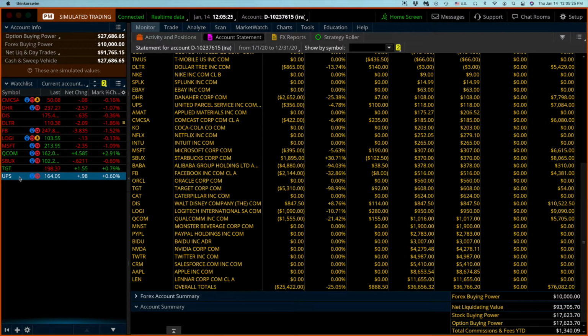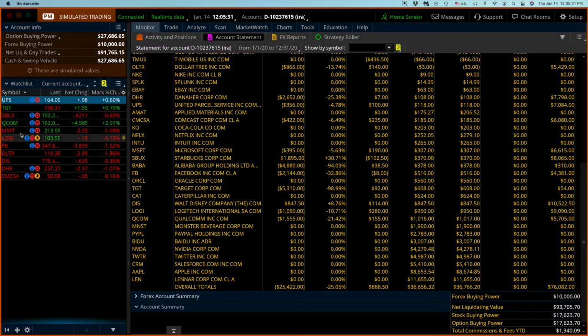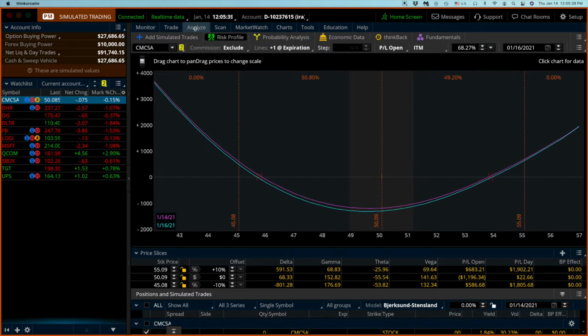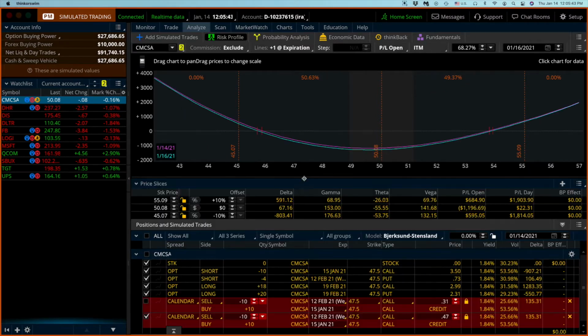Now, let's go through the list here and see what needs to be rolled over. Symbols. And let's organize this alphabetically so we make sure we don't miss out on anything. CMCSA, analyze trade, and the delta is slightly positive.